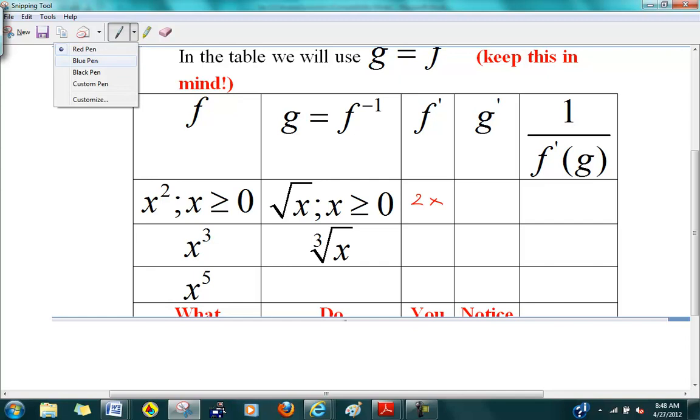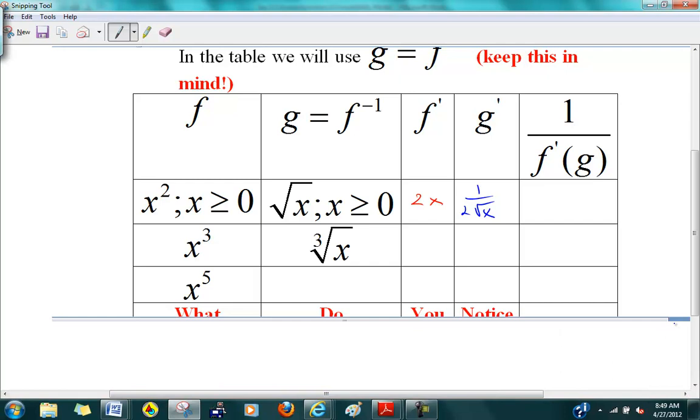Chris, g prime. Negative 1/2? Yes. So, are you okay if I write it like this?